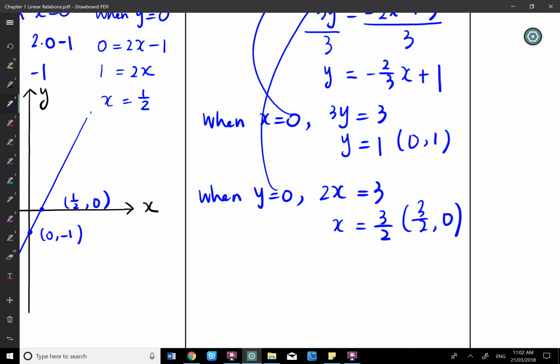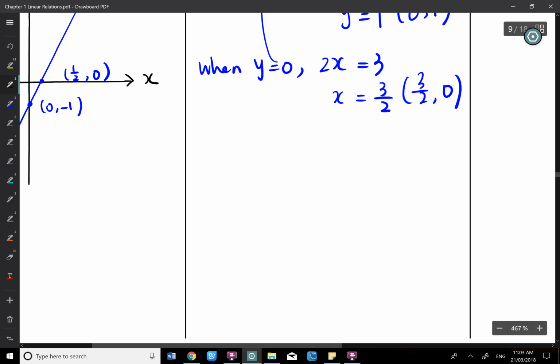The point I want to make here is you don't need to make a particular form to find the x and y-intercepts. You can use any equation to sub x equals 0 and y equals 0. When you sub x equals 0, the y value you get is always the y-intercept. When you sub y equals 0, the x value you get is always the x-intercept. So that's what we can do.